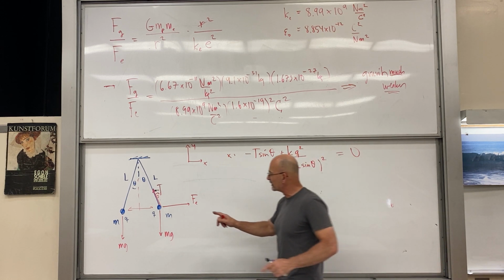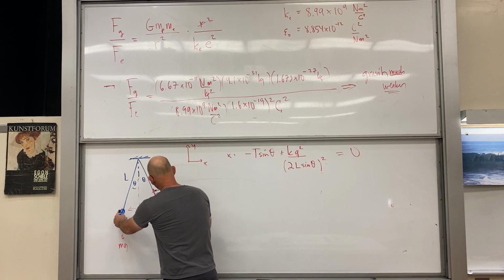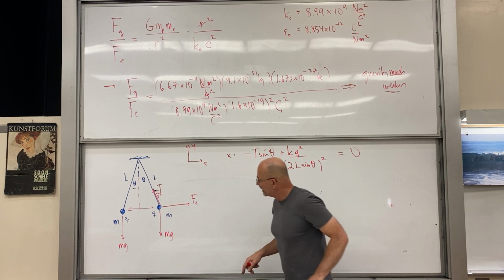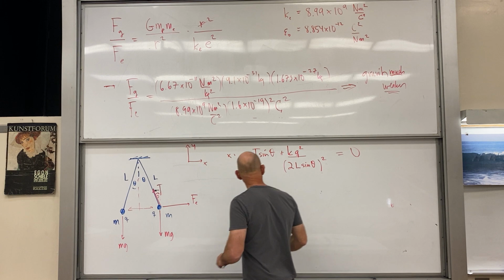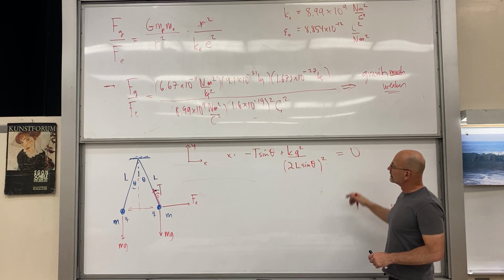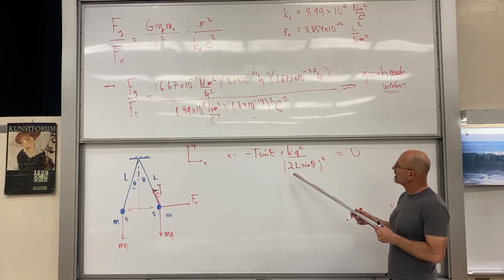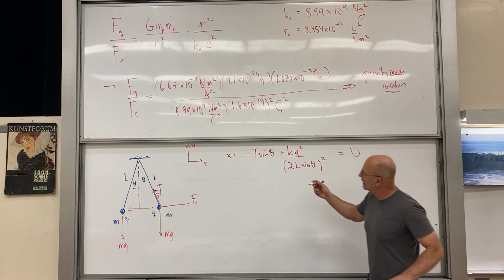Remember, it's the distance all the way from one particle to the other. It's a repulsive force, so L sine theta to here, another L sine theta to there, so 2L sine theta squared, equals 0. That's one of our equations.